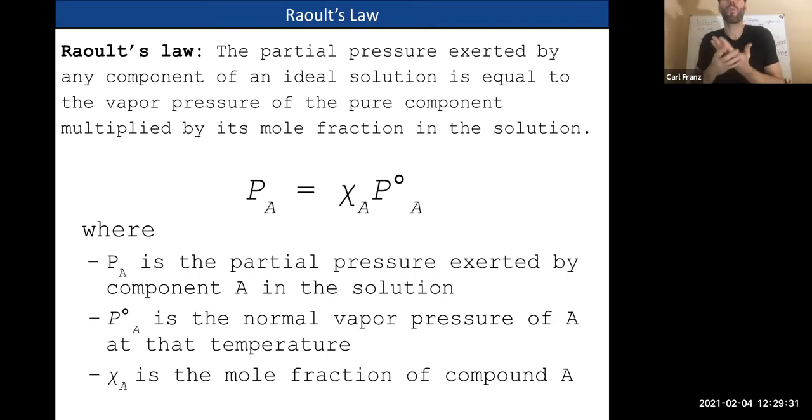And we can say that the partial pressure of an ideal solution is equal to the mole fraction of some component times its vapor pressure, okay? So we're talking about component A. So whatever part of that solute that's going into solution or solvent that's making up the solution, we can determine the pressure by taking PA and setting it equal to the mole fraction of A times the normal vapor pressure at a specific given temperature.